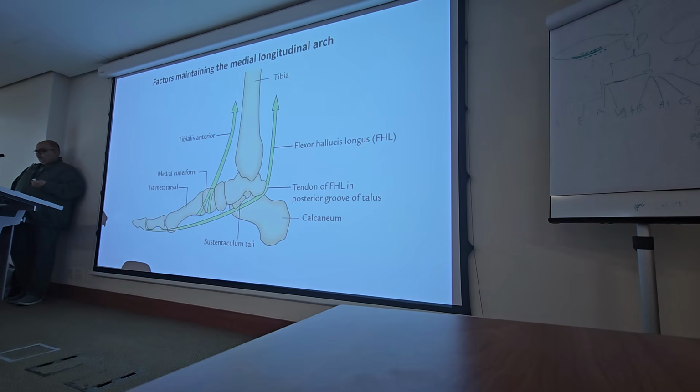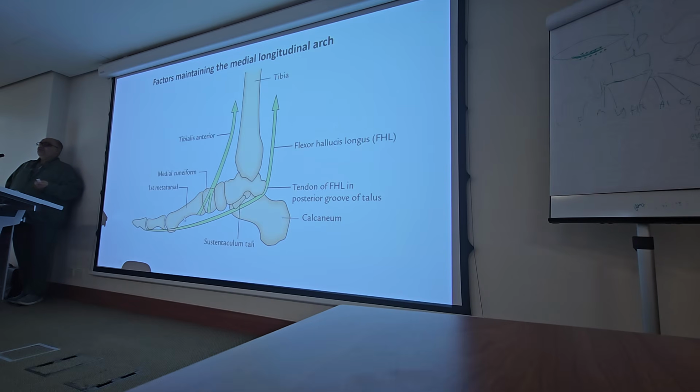Guys, you remember I talked about this sustentaculum tali? The flexor hallucis longus tendon goes underneath it and also goes behind the talus. So they act like a pulley, and this is how it actively maintains the medial longitudinal arch.